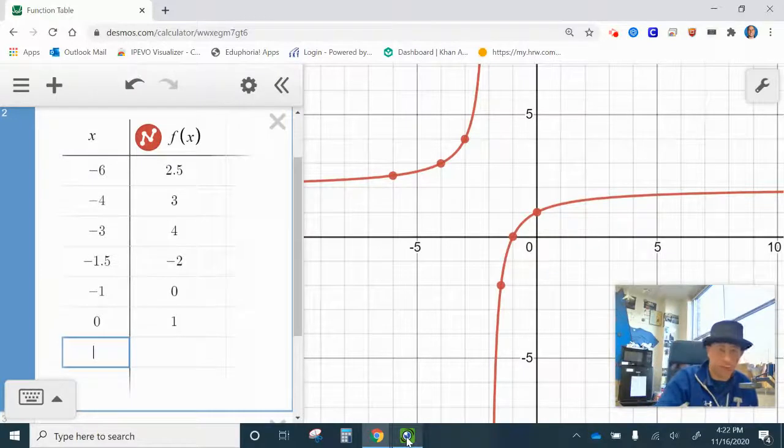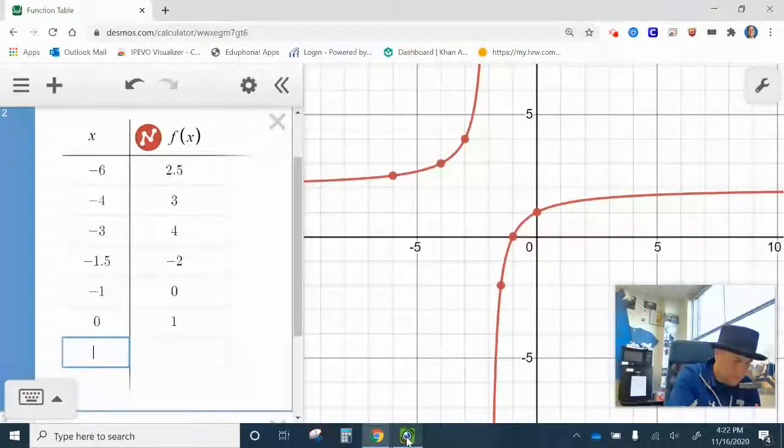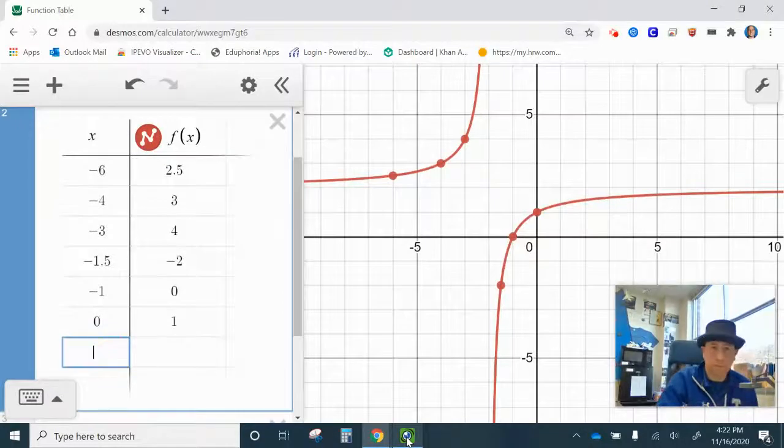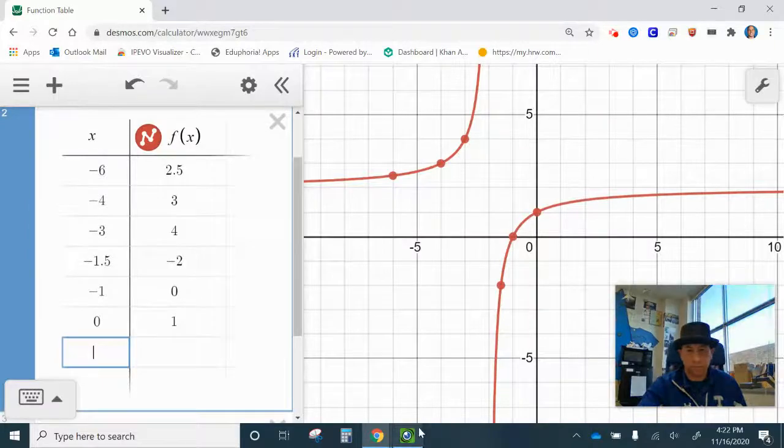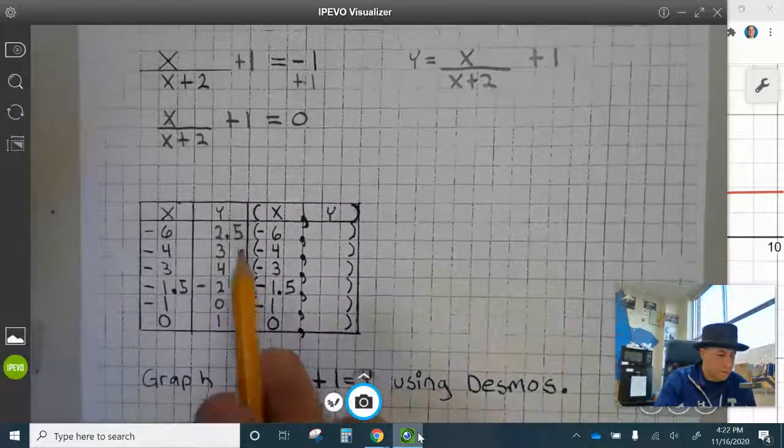So -6 is 2.5. 3, 4, -2, 0, 1. Okay, so there's our y values.